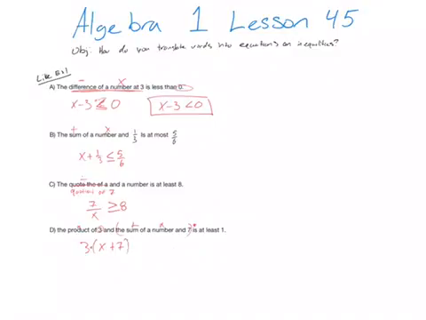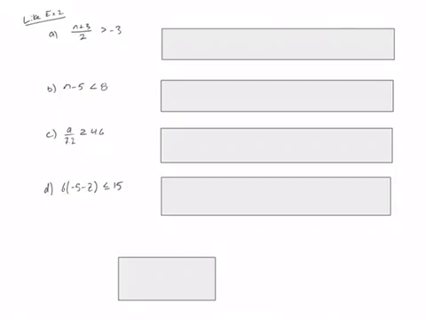So these are multiplying, right? 3 times the sum of a number and 7 is at least 1. So 1 is okay, and anything bigger than 1 is okay. So that's going to go like that. Alright, good. Now let's move on here.